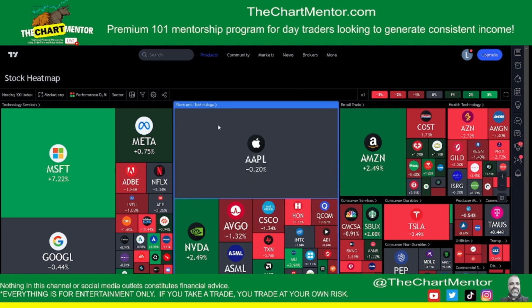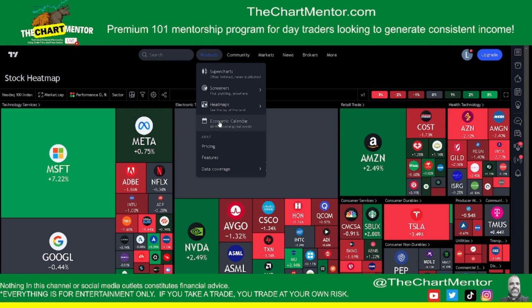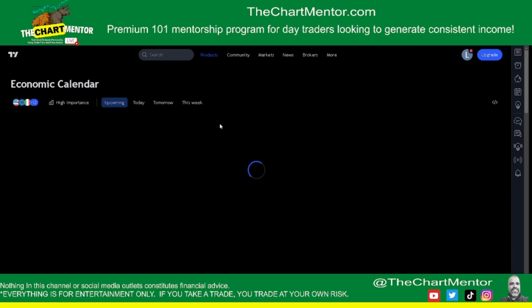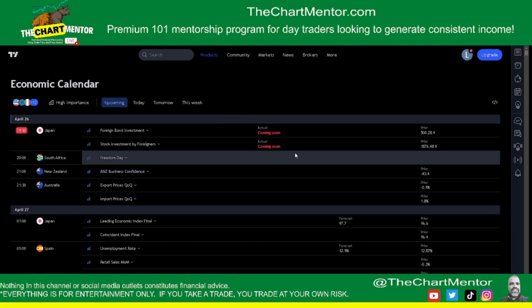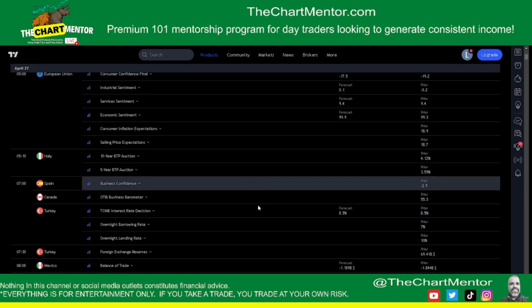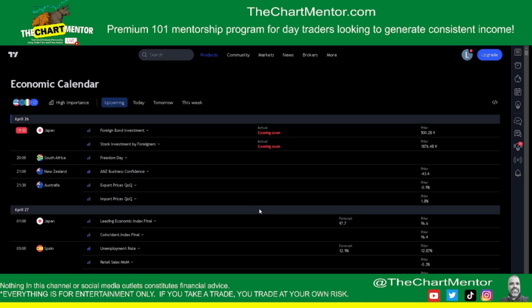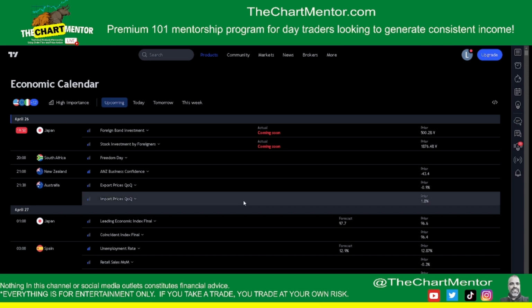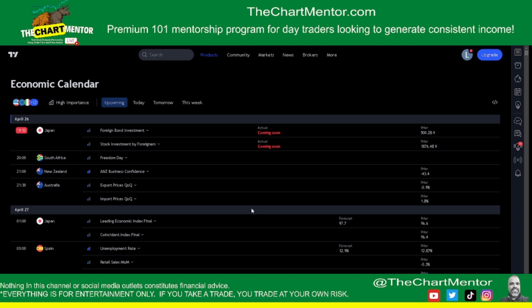Next, we have economic calendars, and this is basically what's going on with news. Within our program, we teach you to trade outside economic news because the main strategy we use is designed to help you be consistently profitable, and the rules in that strategy are also applicable to funded accounts.